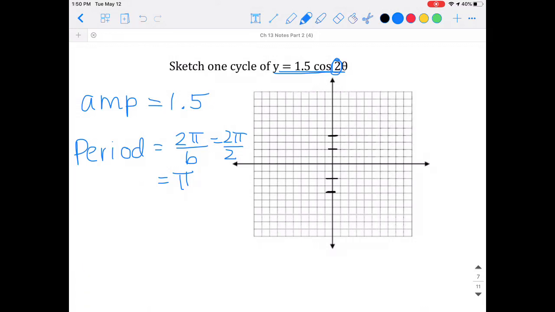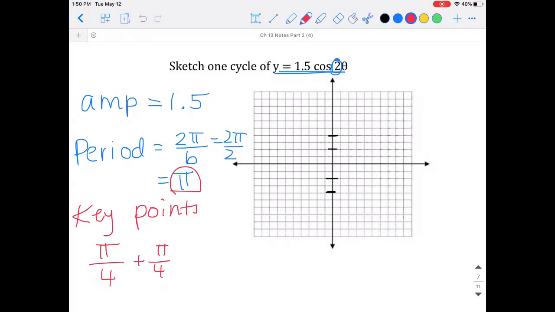Now to figure out our 5 key points on this graph, we have to divide our period by 4. So pi over 4 is going to be the interval that we mark along our theta axis. And remember, our key points are evenly spaced apart. That's why we're adding pi over 4 each time when we're marking off our axis.